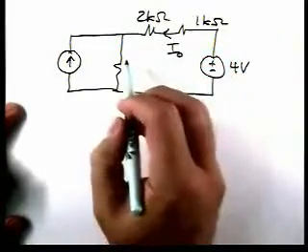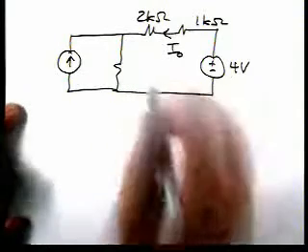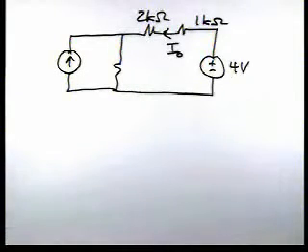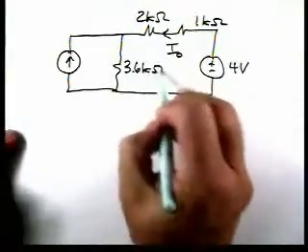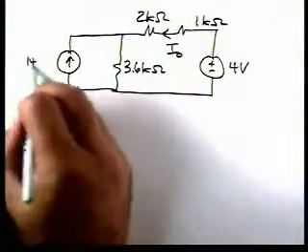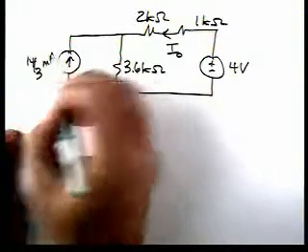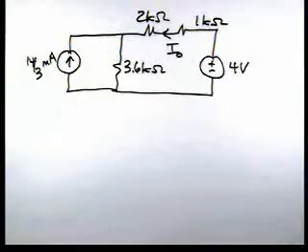Okay, so that a 9K resistor in parallel with a 6K resistor becomes 3.6 kilo ohms, and then this current source now has a value of 14/3 milliamps.